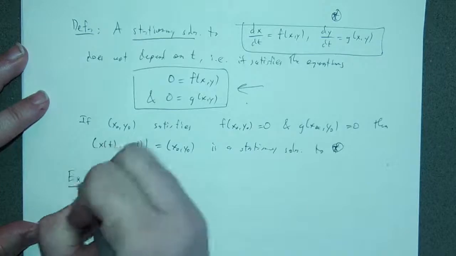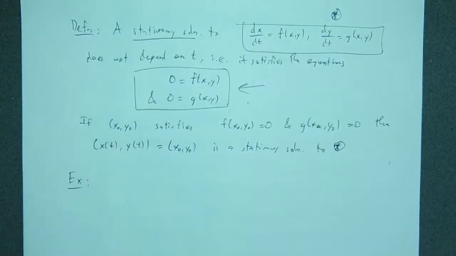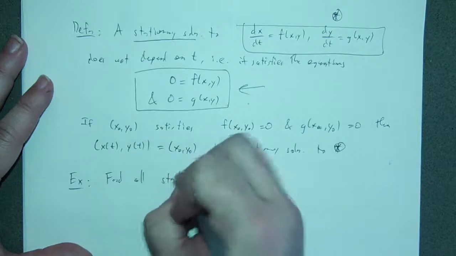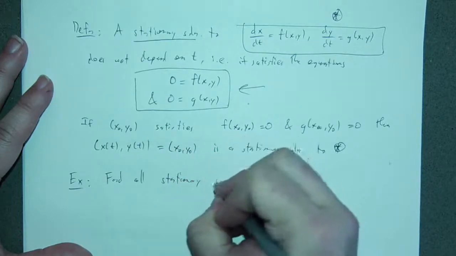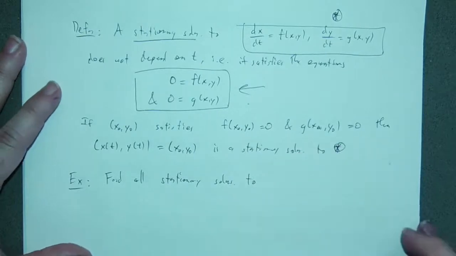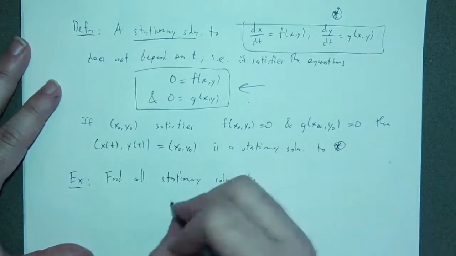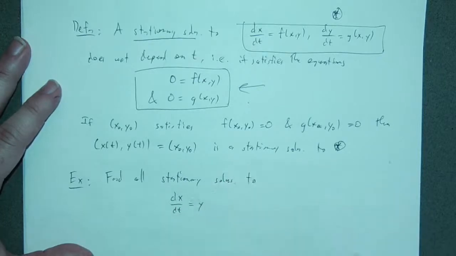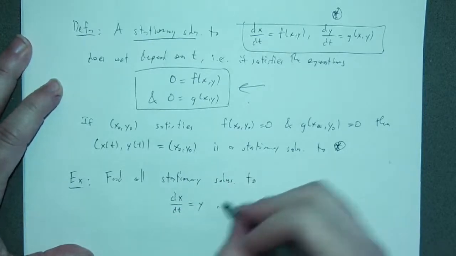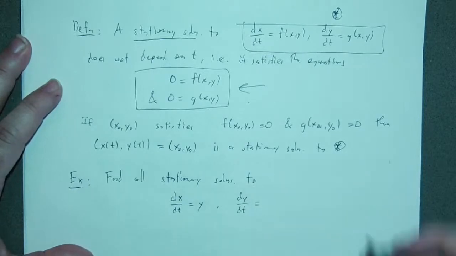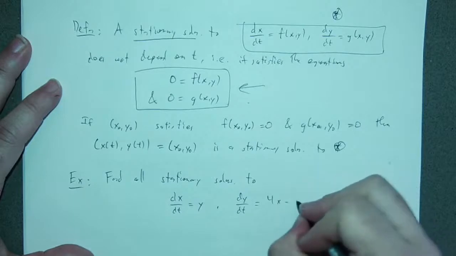So let's see an example of this. Okay, so find all stationary solutions to the following. So find all stationary solutions to the system dx dt is equal to y and dy dt is equal to 4x minus x cubed.